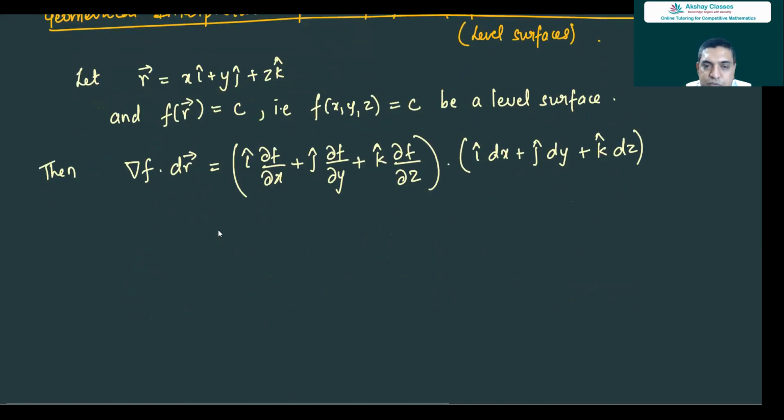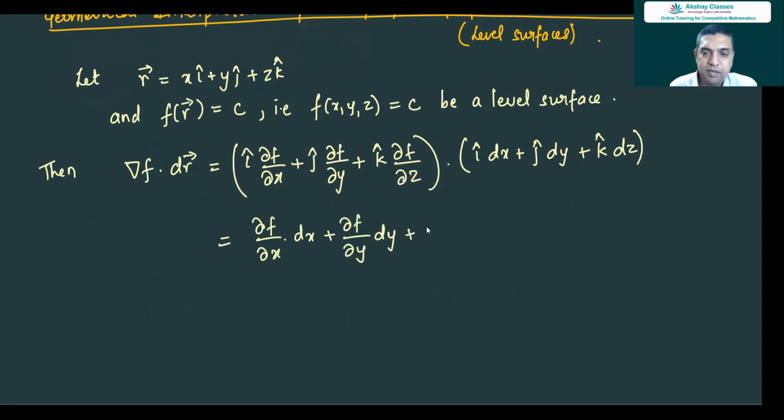This dot product is nothing but dou f by dou x times dx plus dou f by dou y times dy plus dou f by dou z times dz, which is df, the differential of f. And because it's a level surface, the differential is zero. Across the surface, whichever direction you move, you get zero.